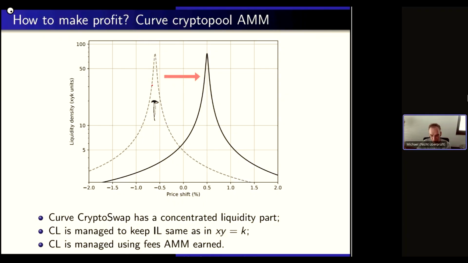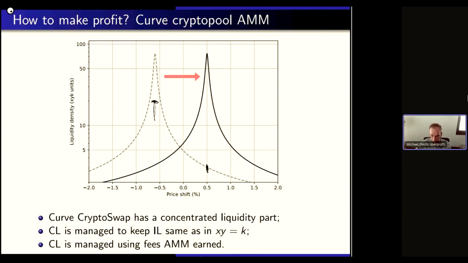APR is high. But if it so happens that the current price changes and you appear to be somewhere at the edge of the concentrated liquidity, then everything is not so great, because suddenly your liquidity is much less concentrated and you earn fees way slower.